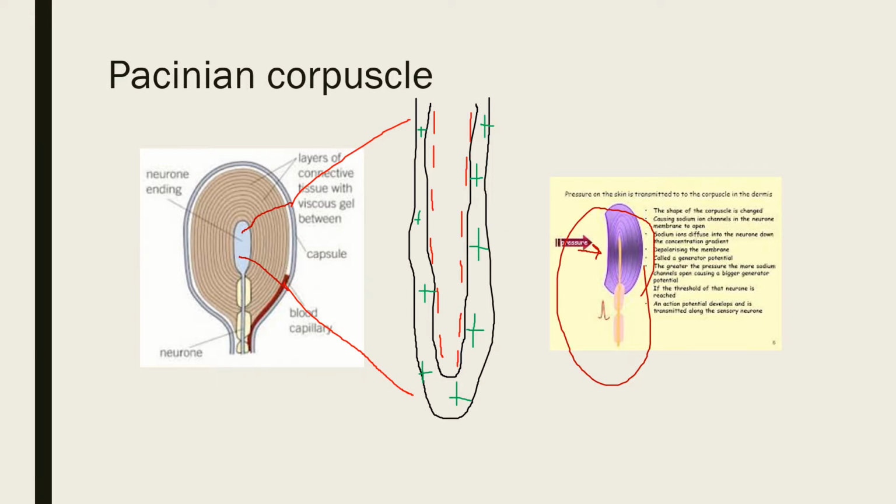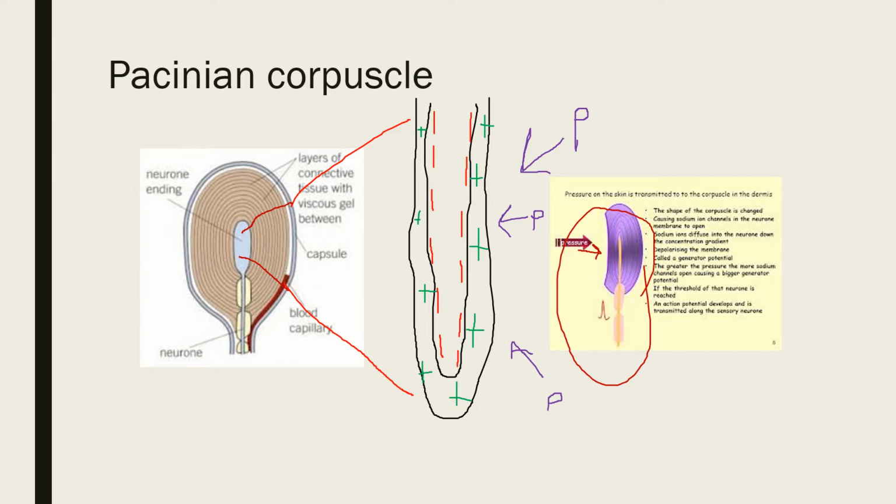We're going to label the pressure P. It actually causes the layers to swap over each other.